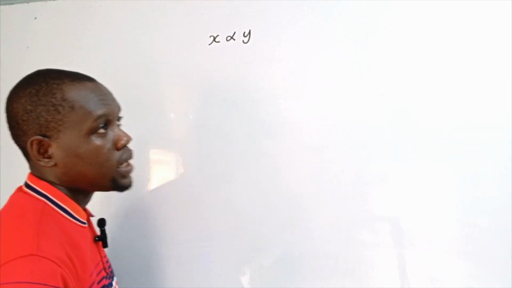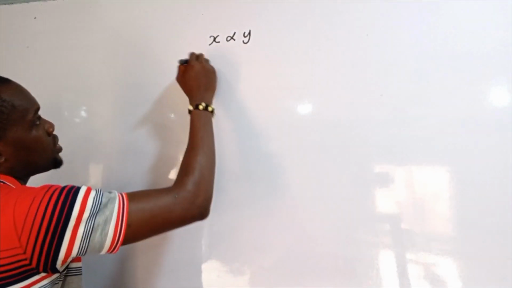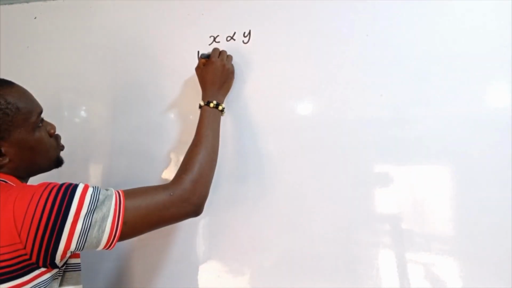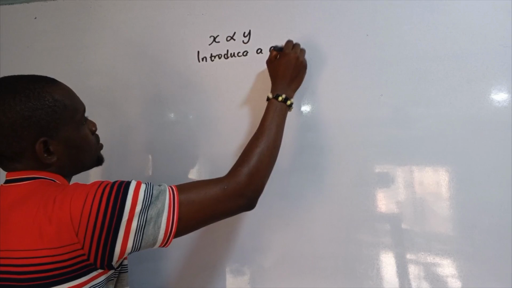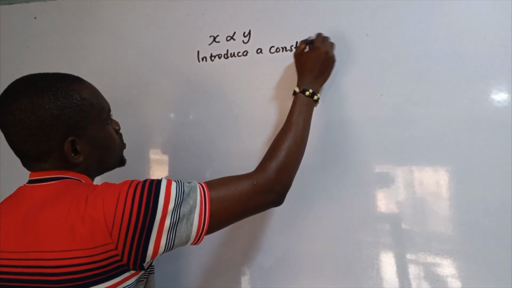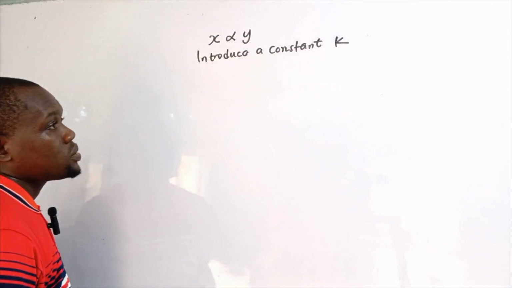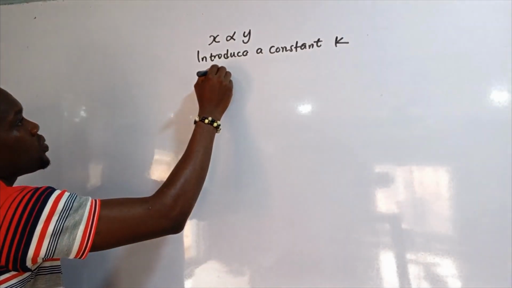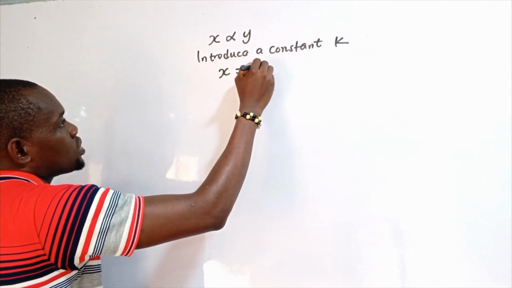And how do we do that? We do that by introducing a constant, known as k. So the moment the constant is introduced, we will now have our expression as x is equal to ky.